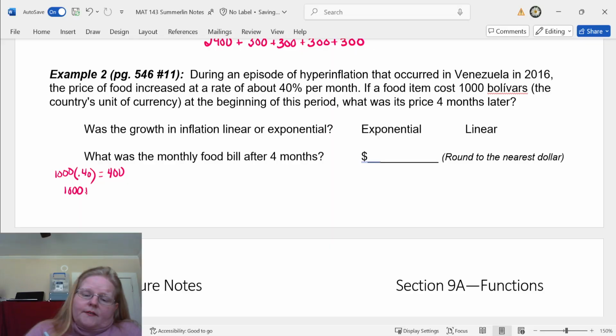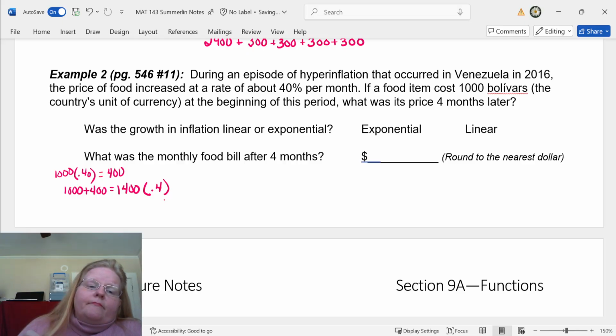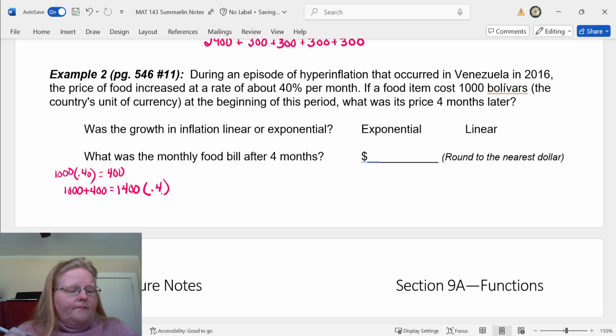So that's 1,000 plus 400. That's 1,400. That's after 1 month. So to get another month, I take that, multiply it by 0.4. That gives me 560.